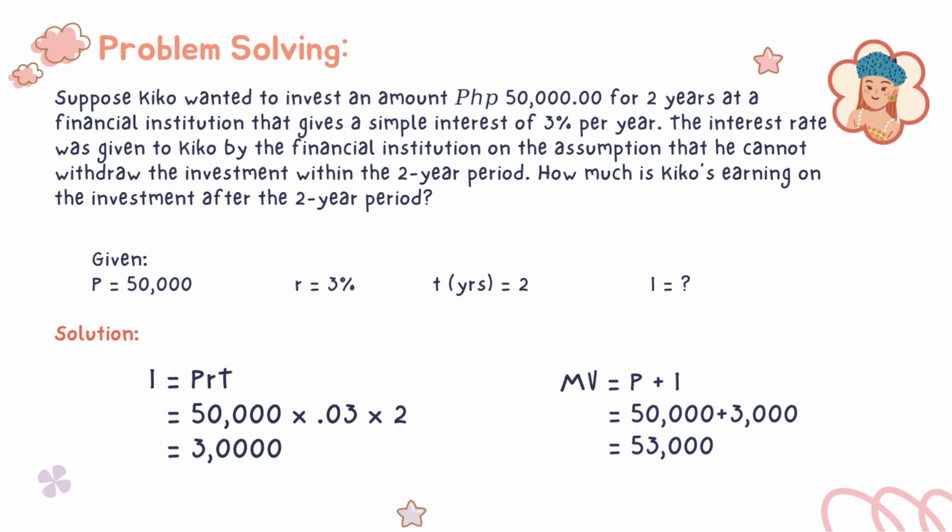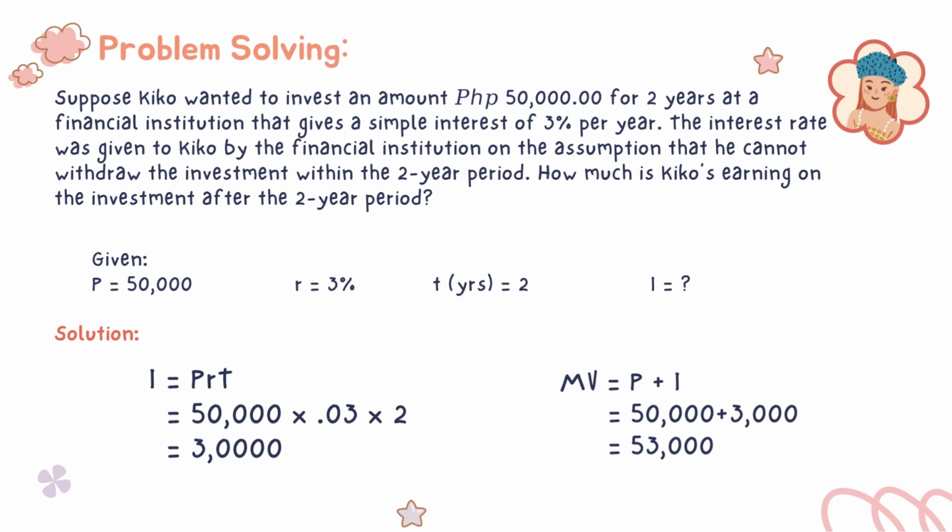Okay, so, this is an investment, kalina kay nag-borrow siya money. So, but it is still the same concept. So, first, meron siya principal, which is 50,000, rate nga 3%, years is 2-year period. Nga di niya withdraw. And then, what is the interest?